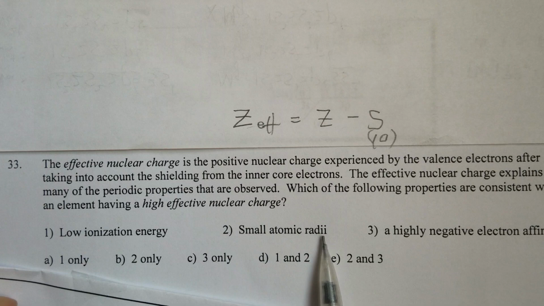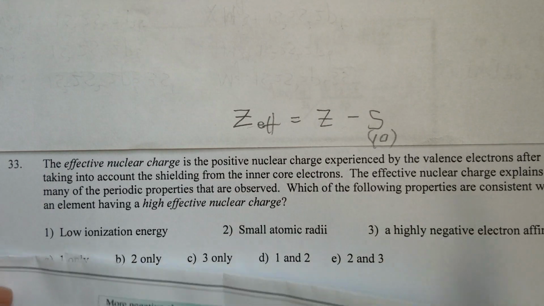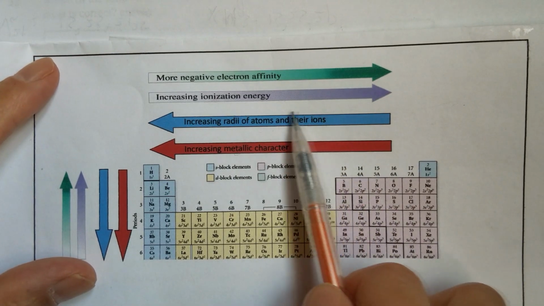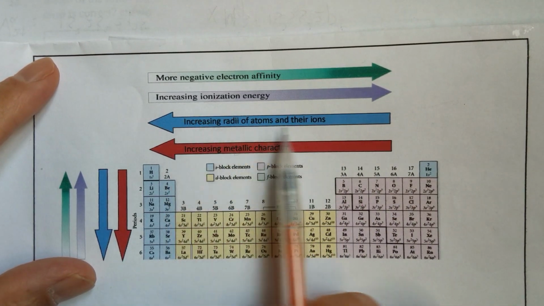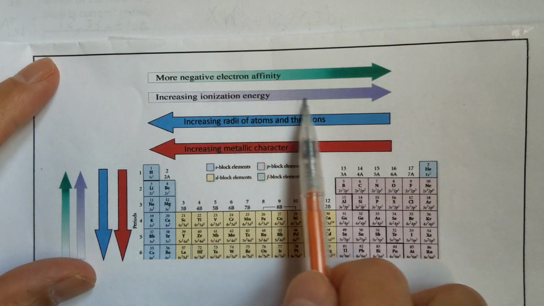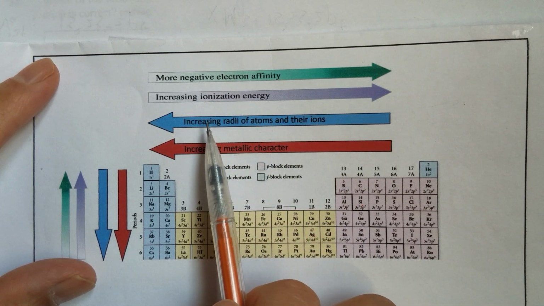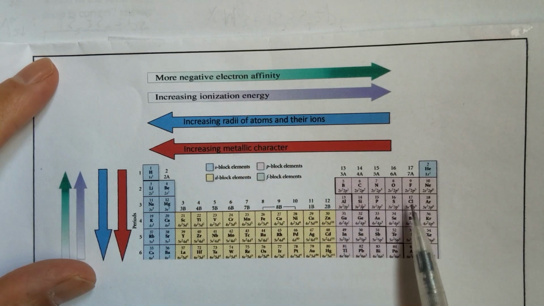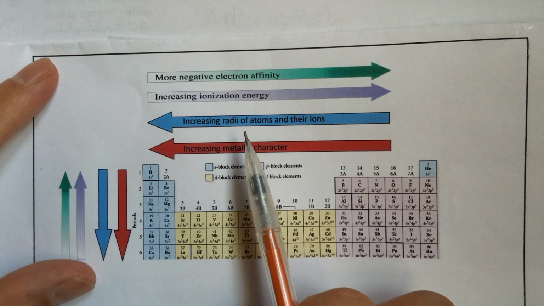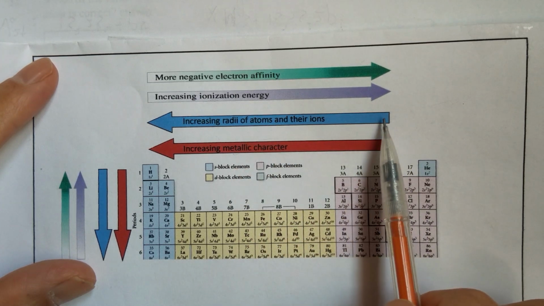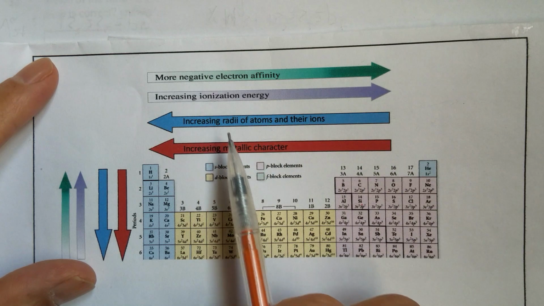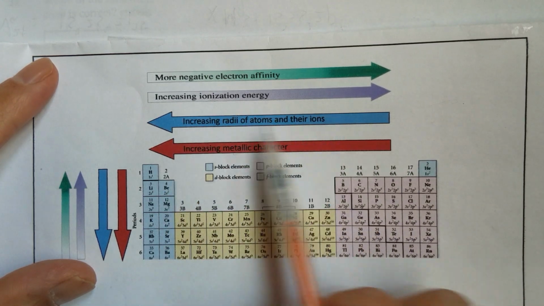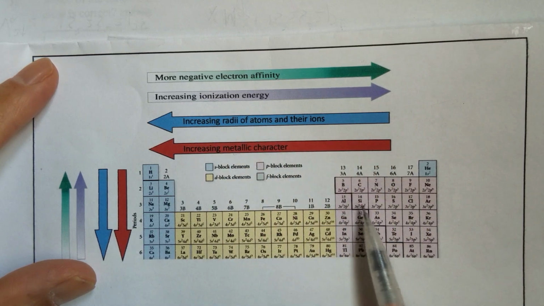Now let's look at the second one. A small atomic radii. Atomic radii or ionic radii have the opposite trend compared with ionization energy. Smaller radii, smaller size. Since it increases from right to left, then it decreases, the smaller one should be on the right-hand side.